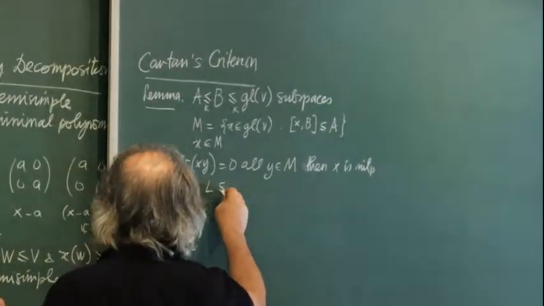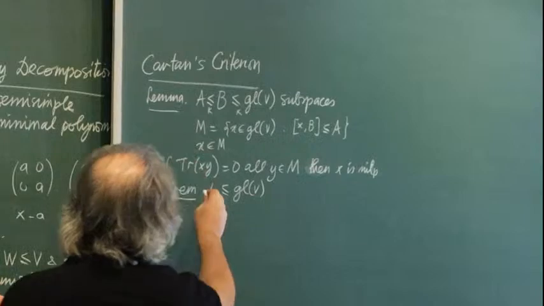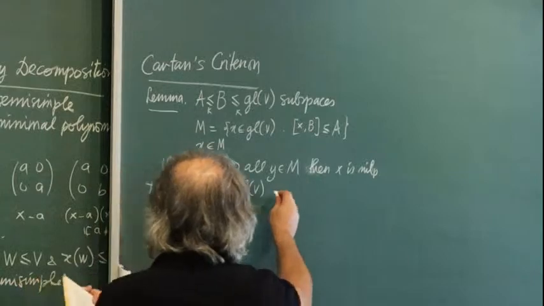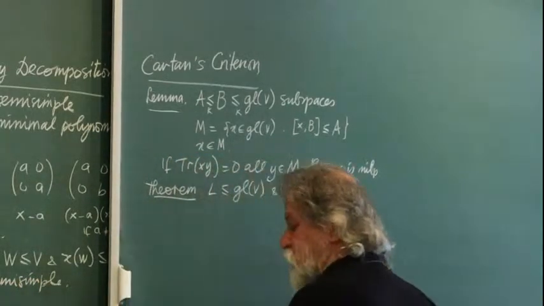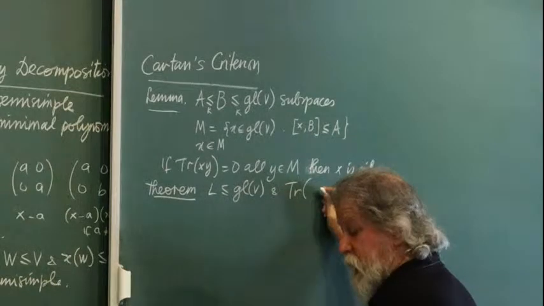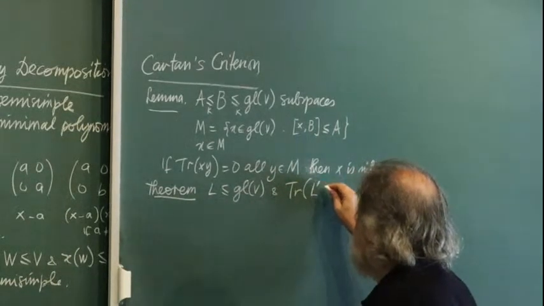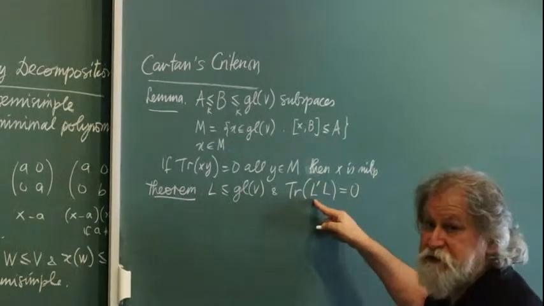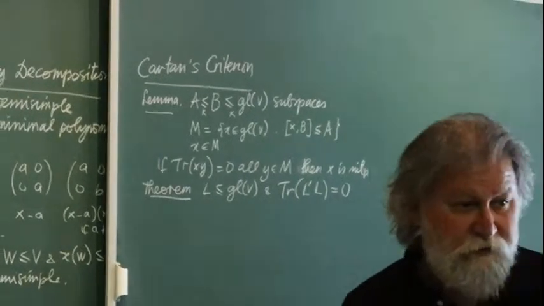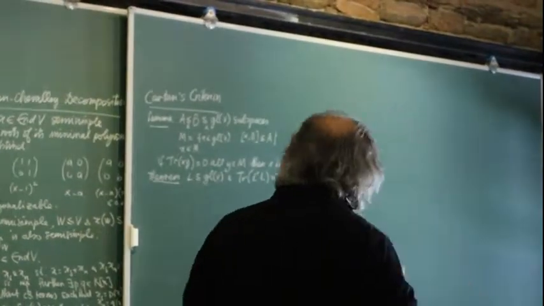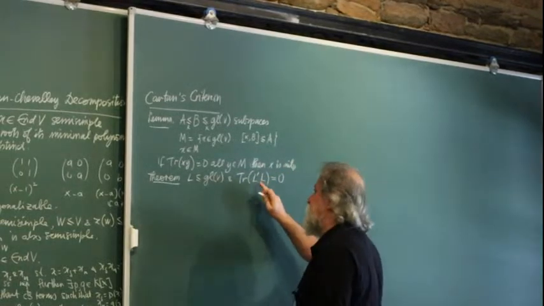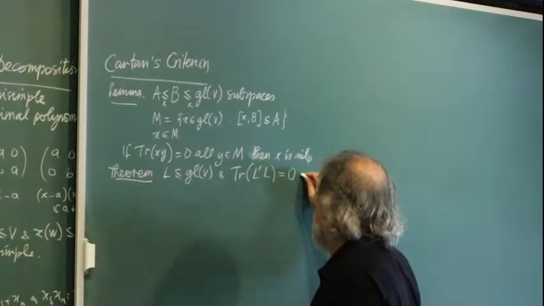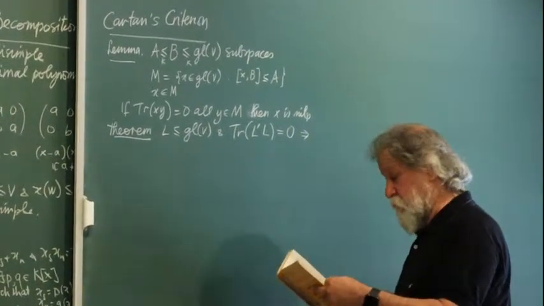Let L be a subalgebra of GL(V), finite dimensional, and trace of L prime L is equal to 0. So L prime is the commutator of L. You can multiply here in GL(V). If it is equal to 0, then L is solvable.